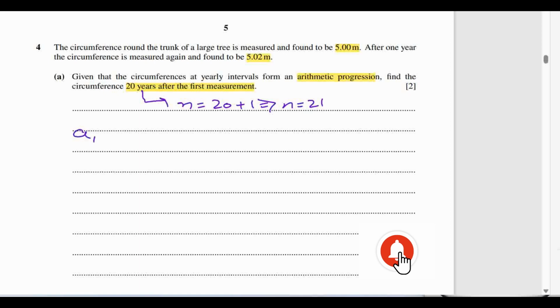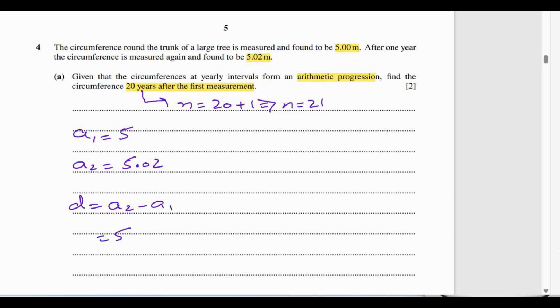So a1 will be equal to 5, a2 will be equal to 5.02, and hence we can see that the difference is equal to a2 minus a1, which means 5.02 minus 5, which means 0.02. I hope that this thing is clear.